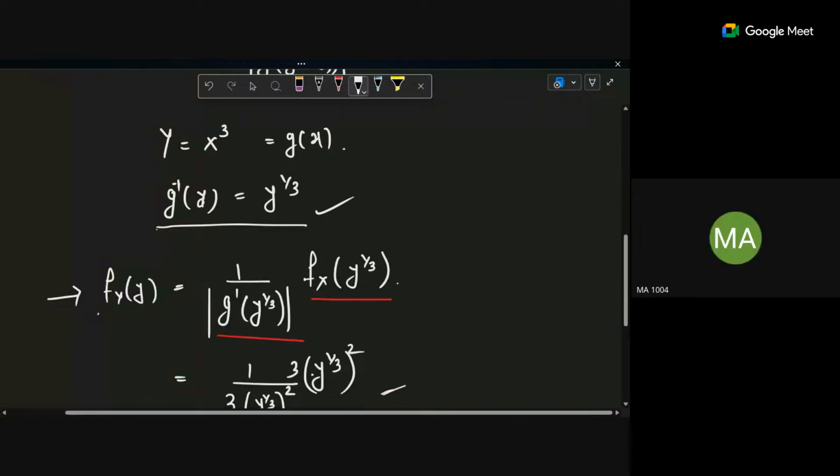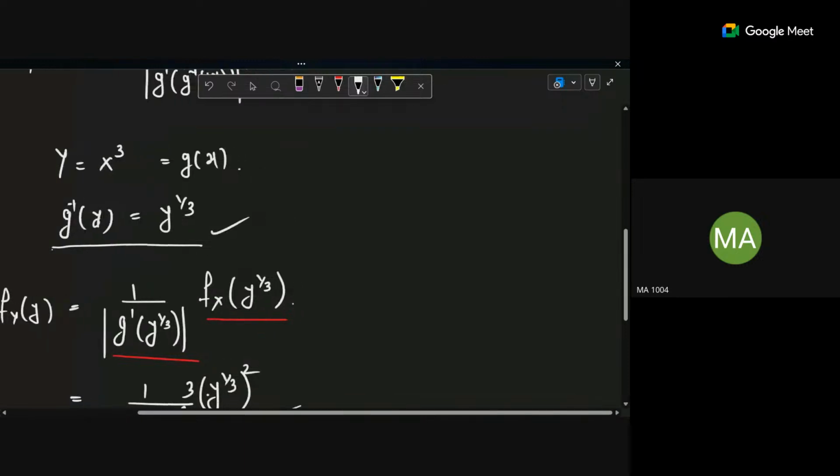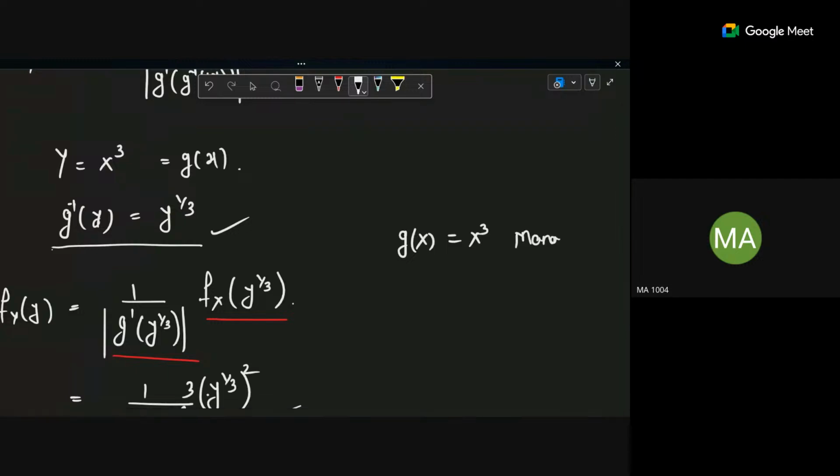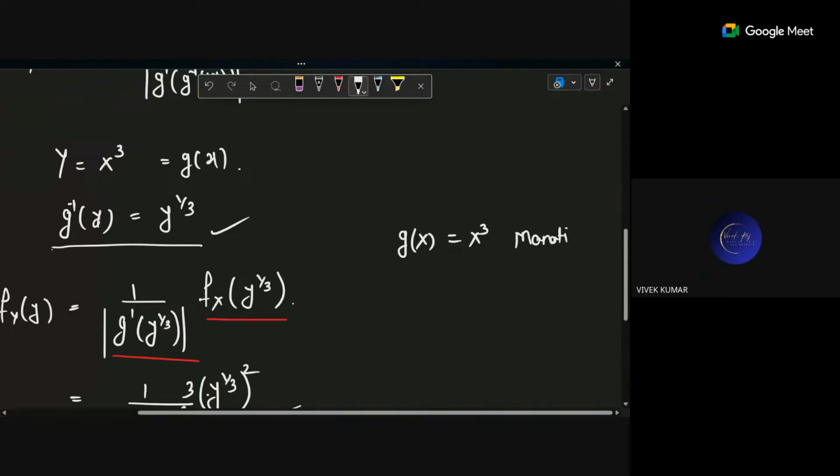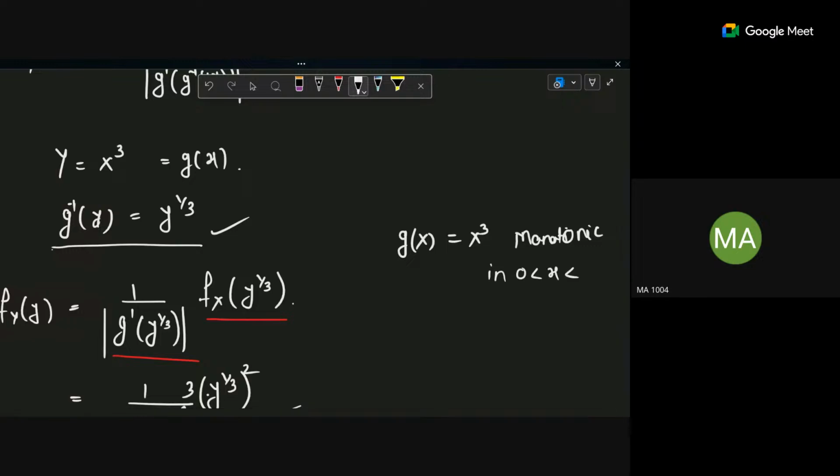So just tell me, your g of x, which is x cube, is monotonic, right? Yes, ma'am. Monotonic in the interval 0 to 1. Do you know why we are interested in this interval 0 to 1?